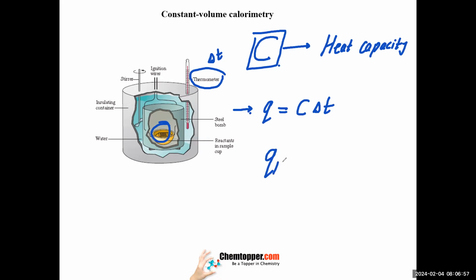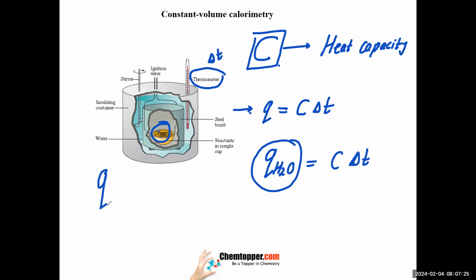Yes, Q water. Q water is C delta T. Is this water the system or the surroundings? Surroundings. Who is the system? Yes, Ashita, what is the system? The reaction is the system.